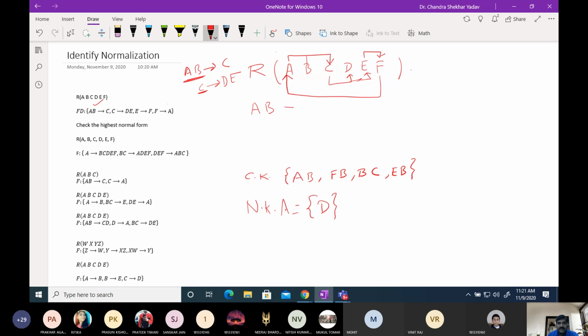There should not be any transitive dependencies. Please let me know whether transitive dependency is in R or not.